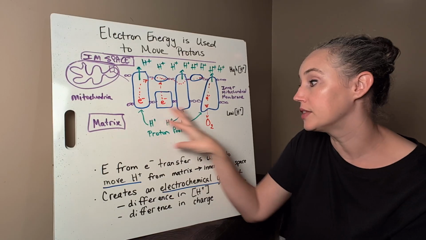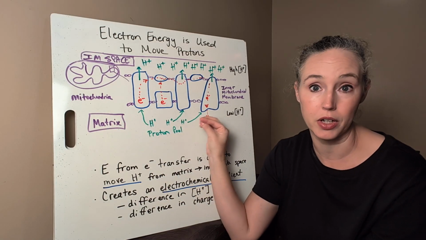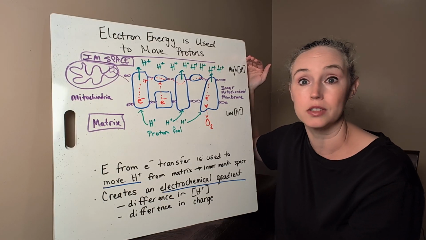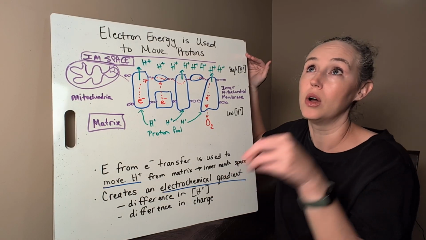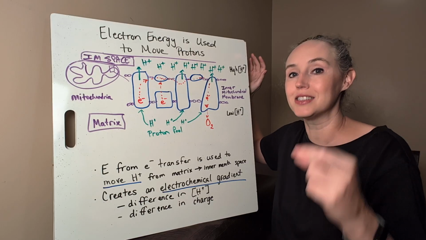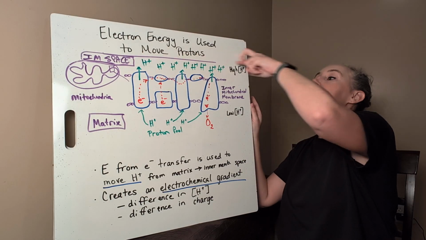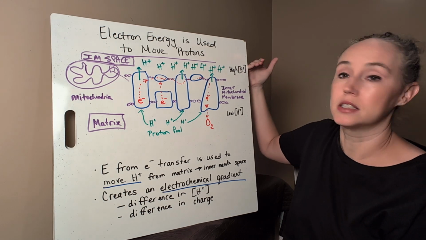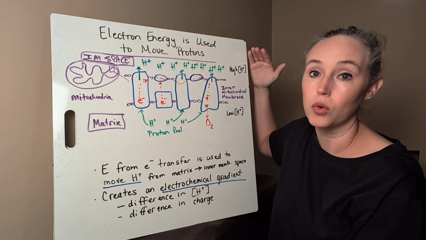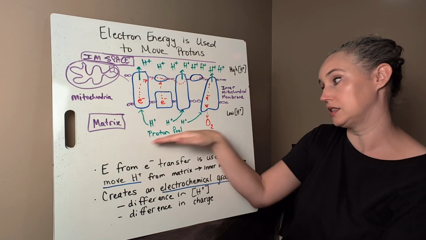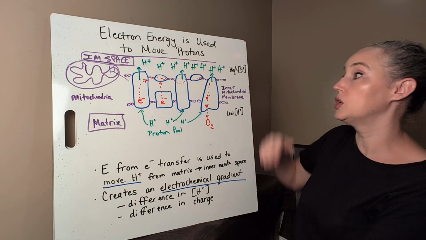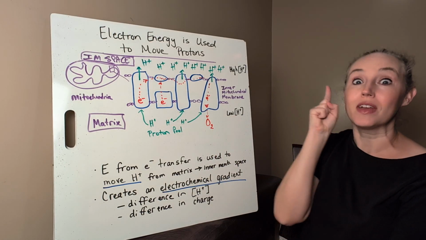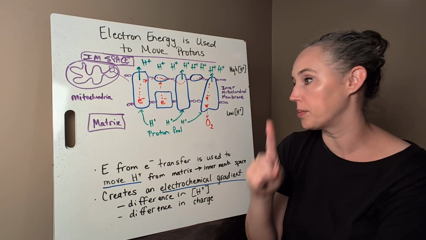While the protons down here are positively charged and the protons up here are also positively charged, because there is a higher concentration of protons up here, this is considered more positive relative to the space down here. This gradient is essential to the next step.